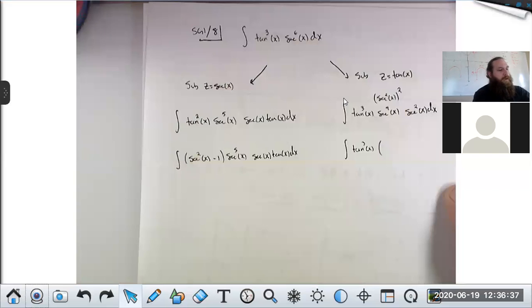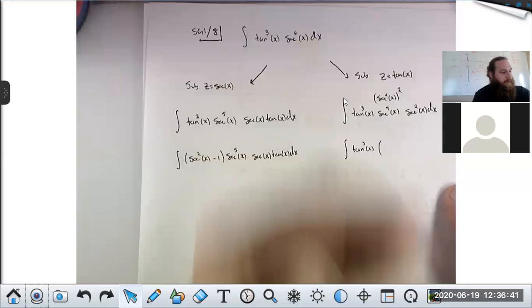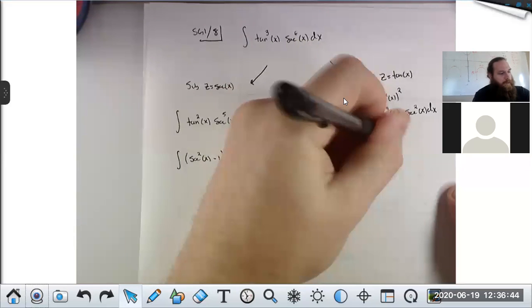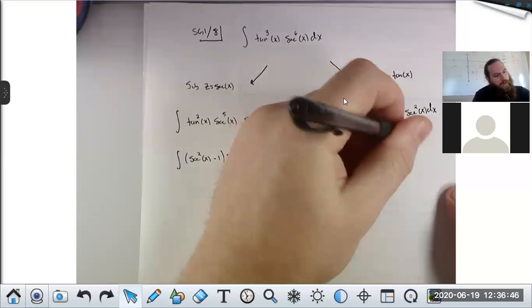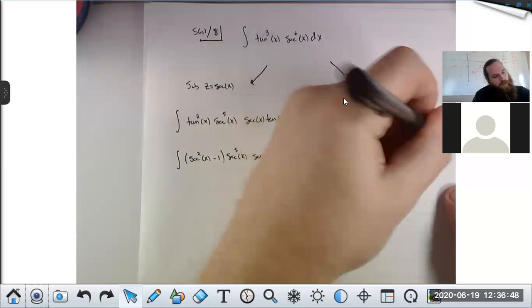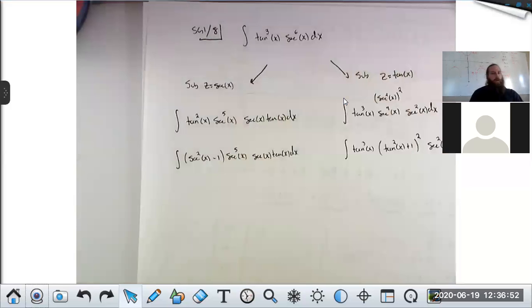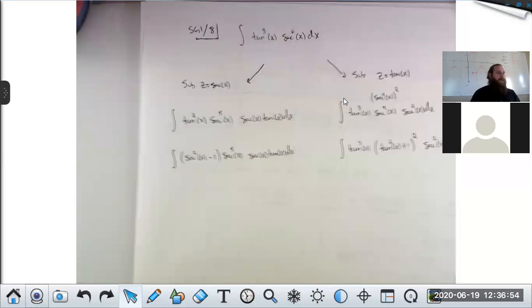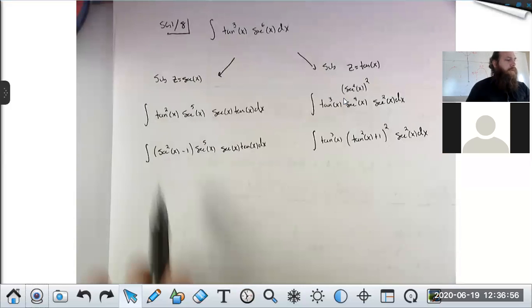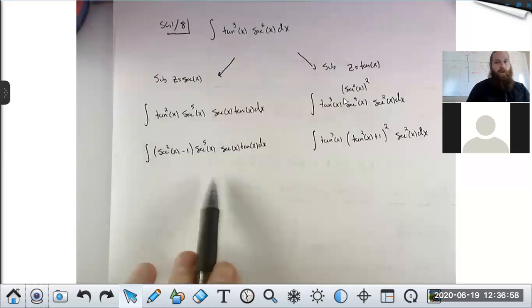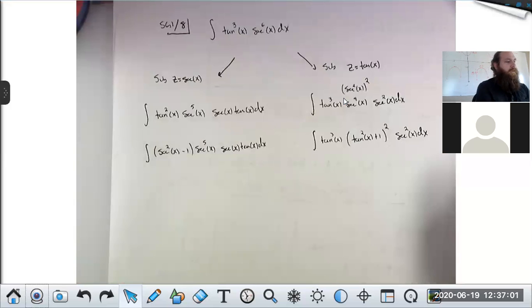And then secant squared is tan squared plus 1. Right? So now we're ready for our substitutions. I like this one more because it doesn't involve foiling out any algebraic expression.